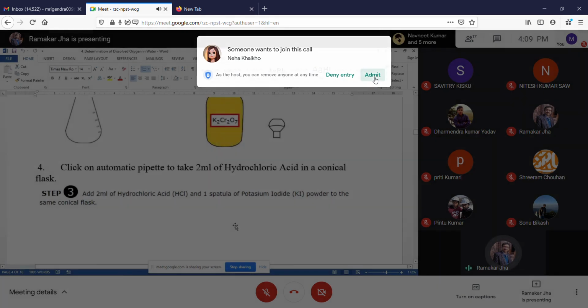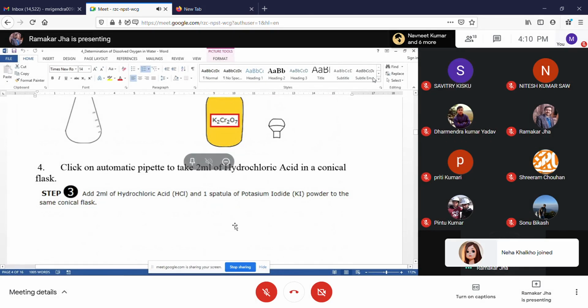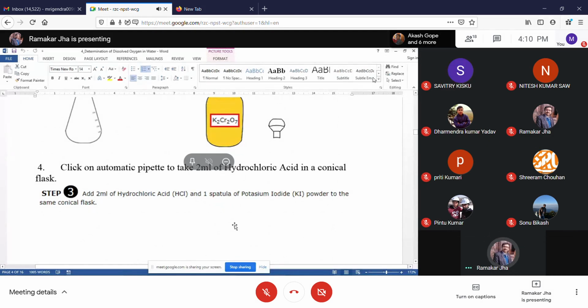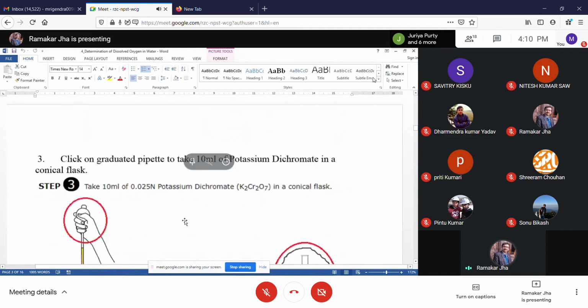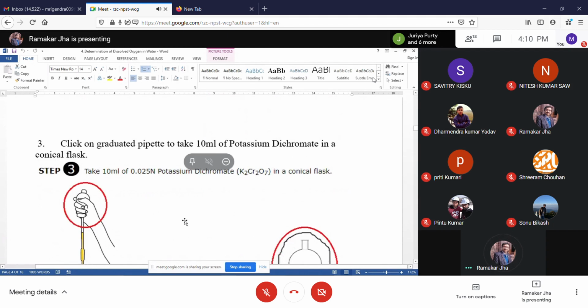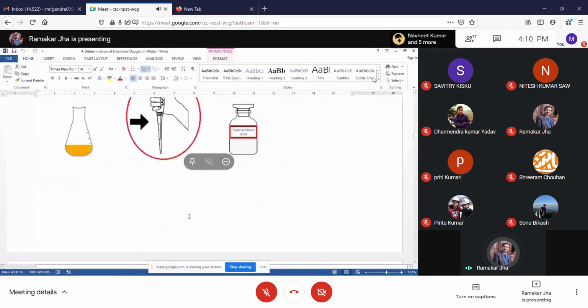Here we are not using H2SO4; HCl is also an acid. And add 1 spatula of potassium iodide powder in the same conical flask in which we had taken the potassium dichromate. So the potassium dichromate is added with the HCl and potassium iodide.